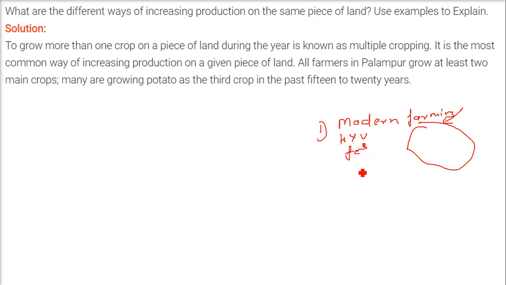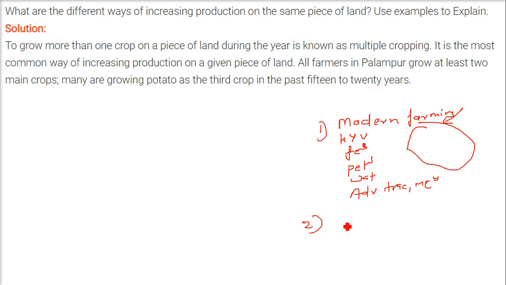You can use fertilizers, you can use pesticides, and water supply will be there, and various other things. And of course advanced tractors and machineries like this. So these are all the modern farming techniques, and when you use modern farming techniques, you can grow more.